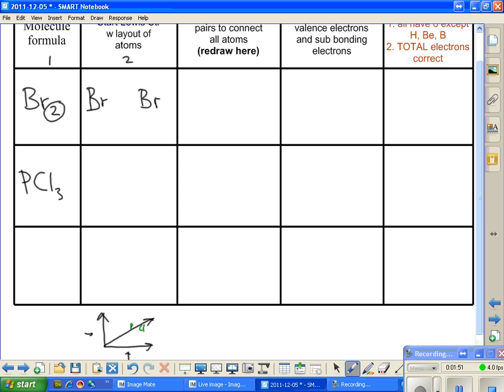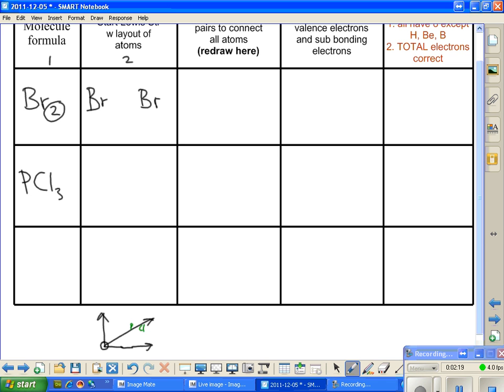The origin of my arrows indicates the smallest, where the arrowheads indicate the largest. So what we have here is phosphorus to the left, and with phosphorus to the left, that means it's going to have a smaller electronegativity. The atoms with the smallest electronegativity always go in the middle.